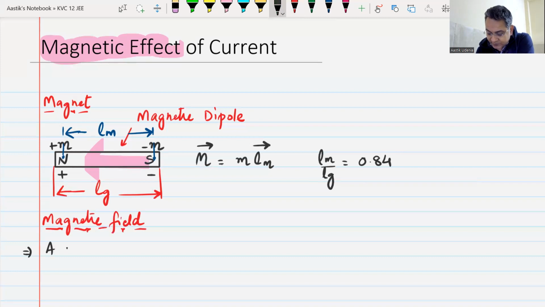It's a region in space. What was electric field? How did I define electric field? Anyone remembers how we defined electric field?